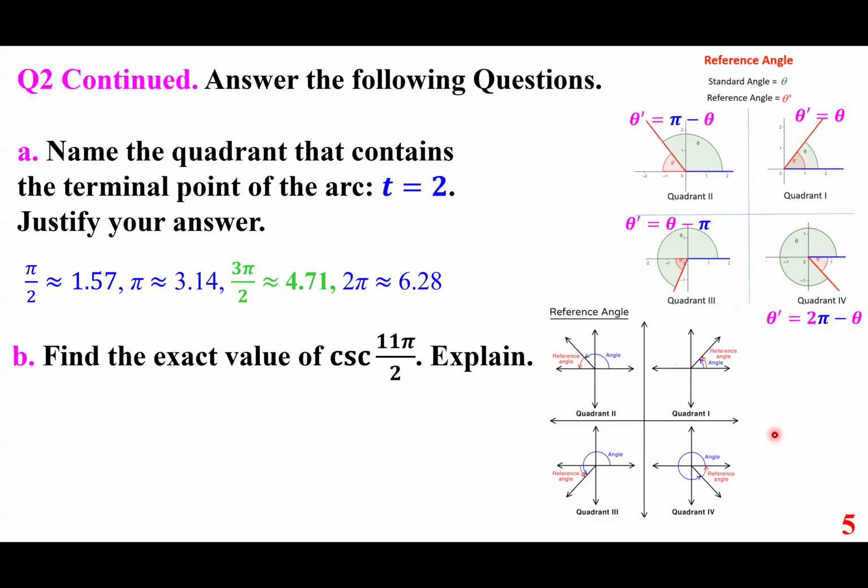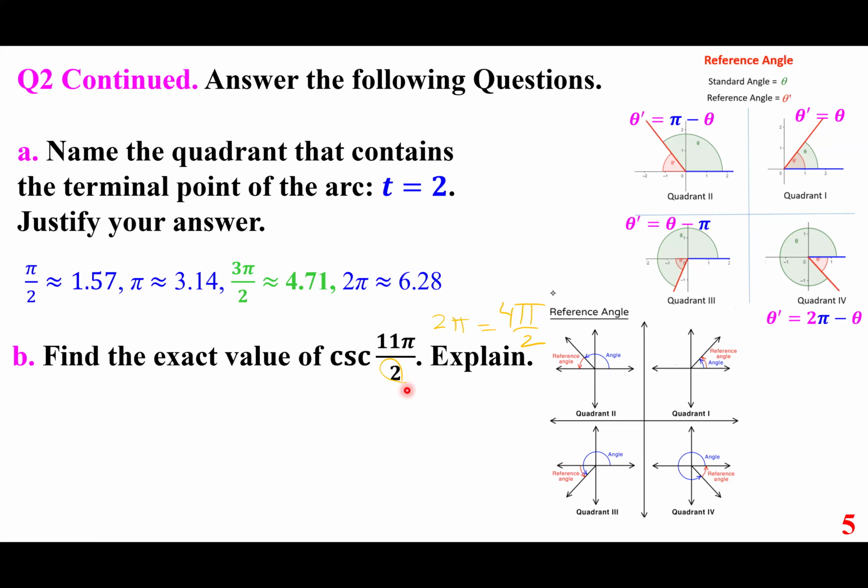So because this is larger than 2 pi, remember 2 pi is 4 pi over 2. Let me just write that. Why am I writing 4 pi over 2? Because this has the denominator 2. So I'm going to write 2 pi is the same as 4 pi over 2. So I can take 4 pi over 2 or multiples of that.